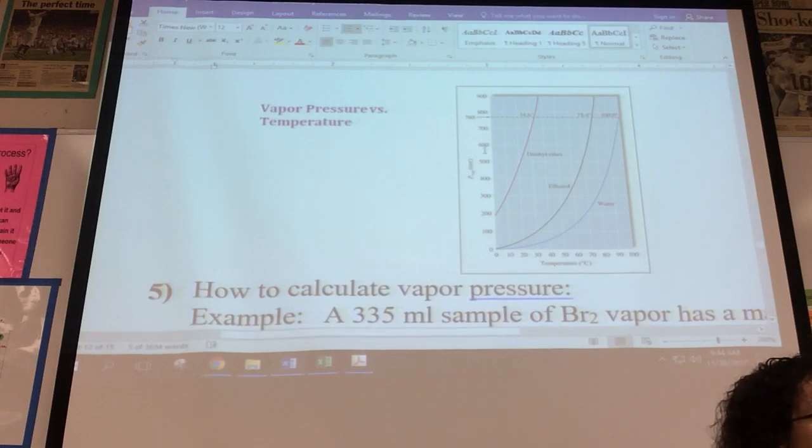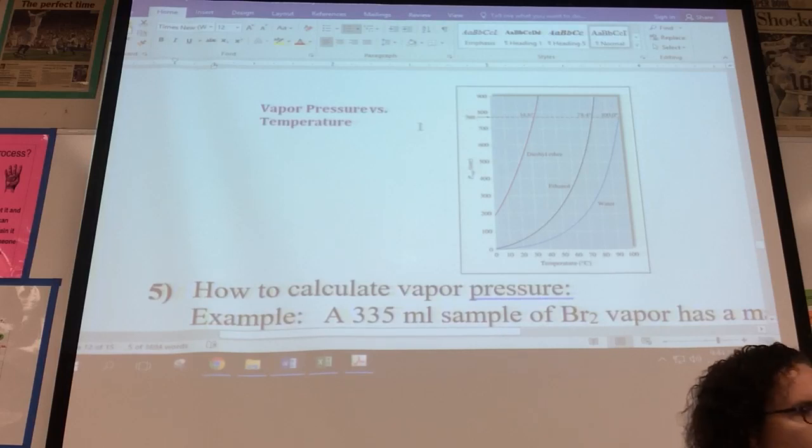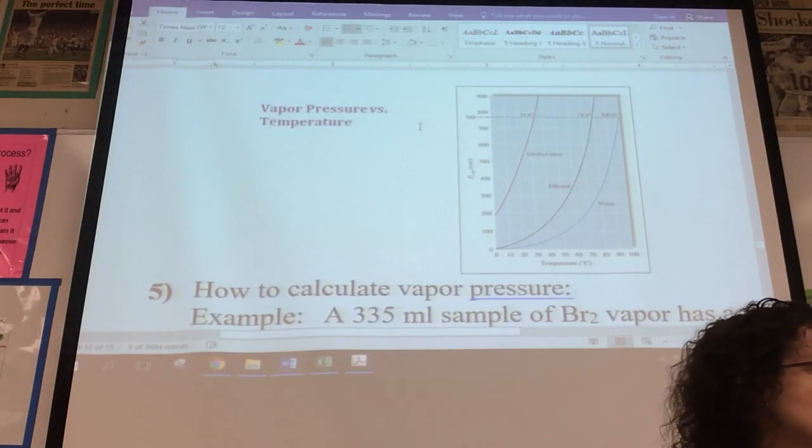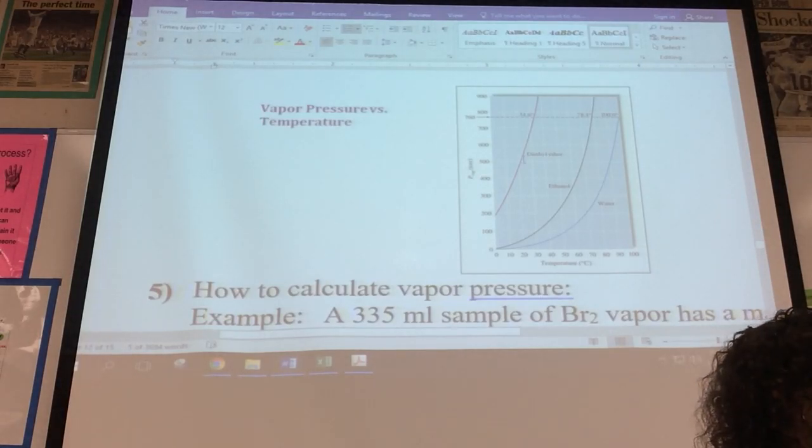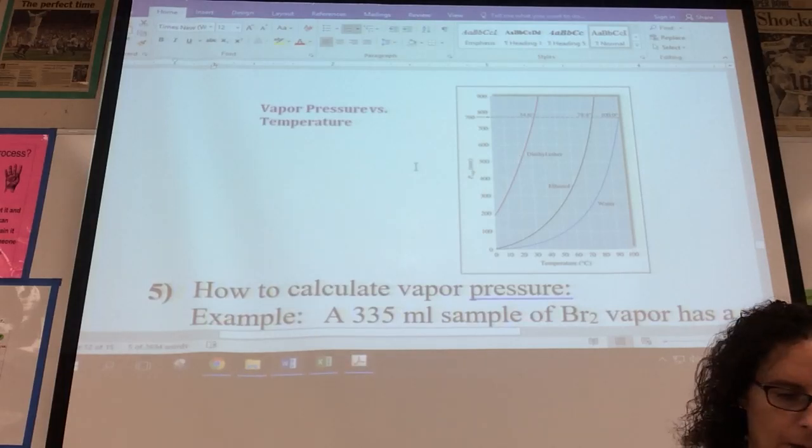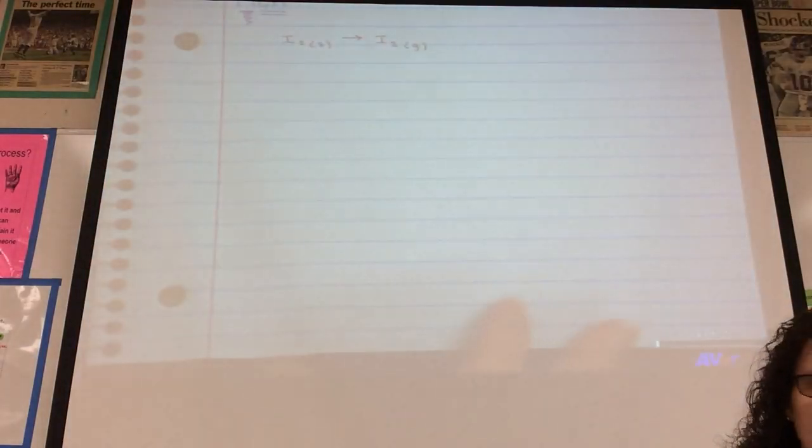We're going to look at pressure in torr versus temperature in degrees Celsius. 760 torr is 1 atmosphere, or standard pressure. Along the line is where the equilibrium exists, and we've got diethyl ether, ethanol, and water. We've got to do a comparison here so you can see what they actually look like.